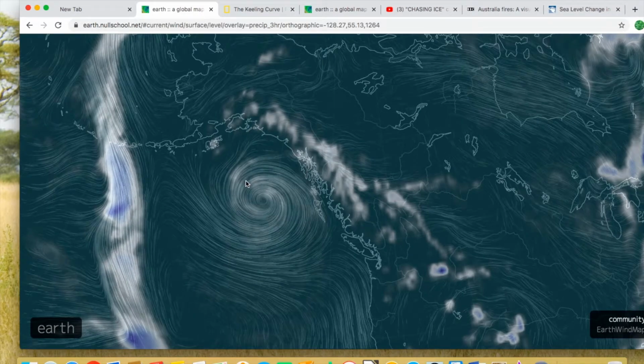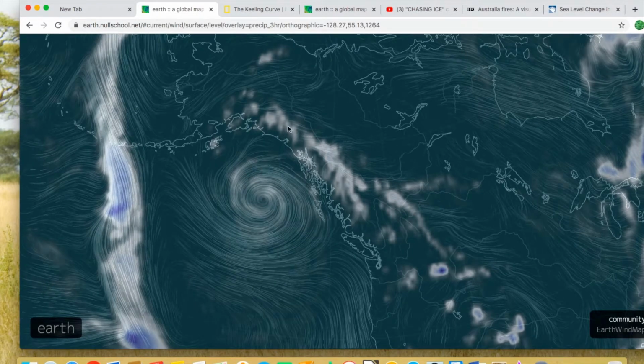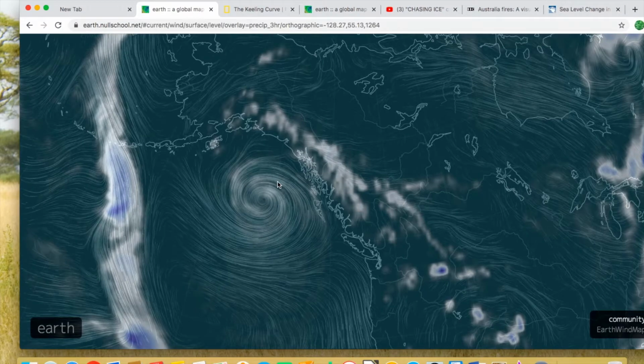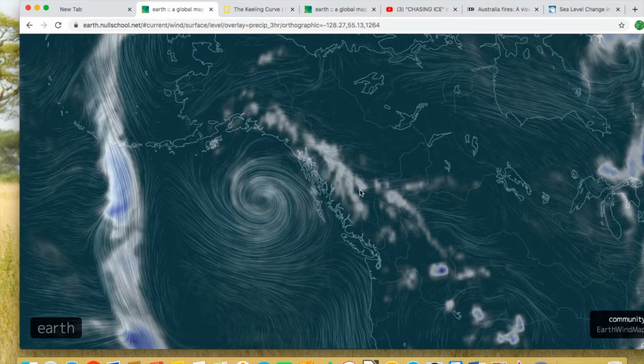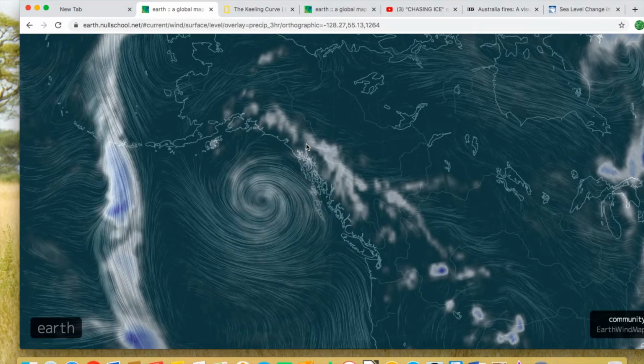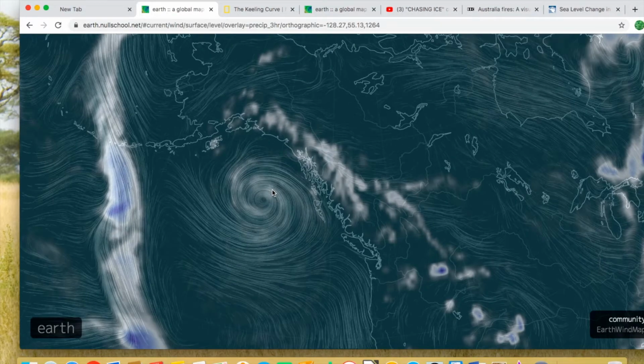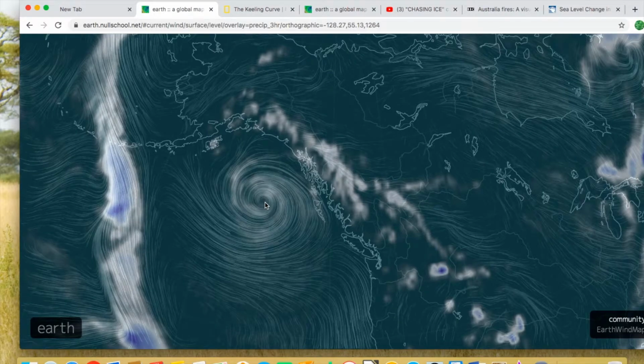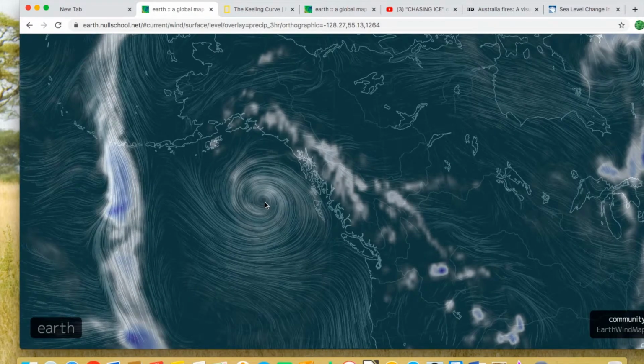What this shows us here is that this low pressure area has brought clouds and a rain front. It's cloudy outside right now because of the low pressure zone that was brought by this weather system that's been developing over the last few days.